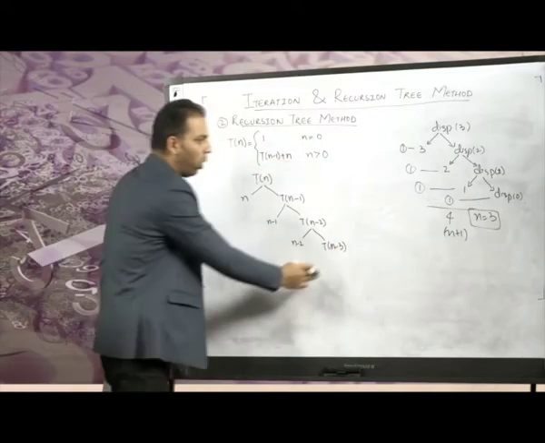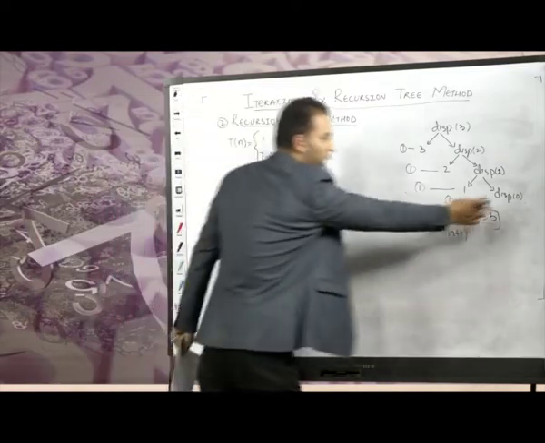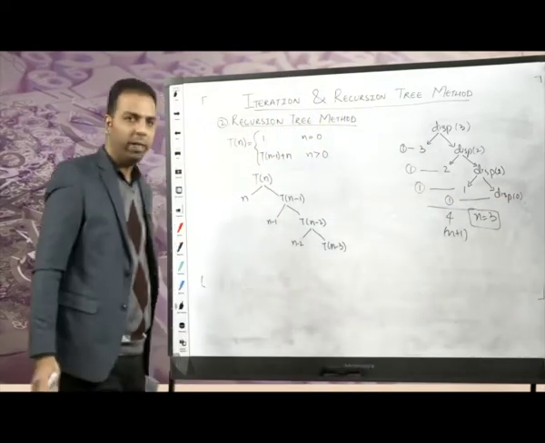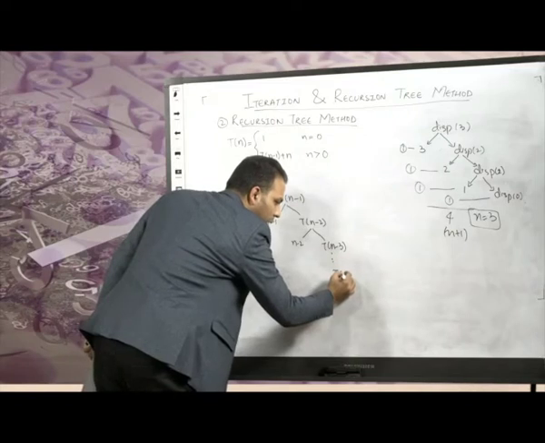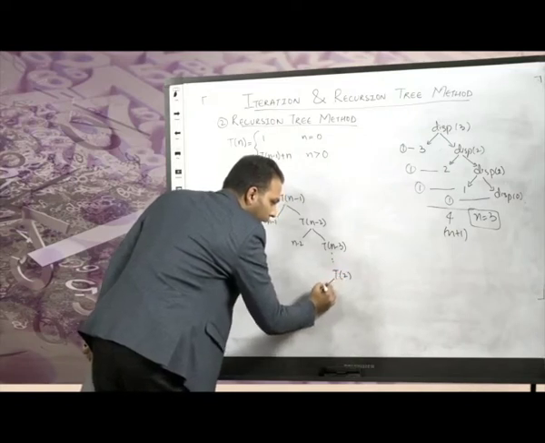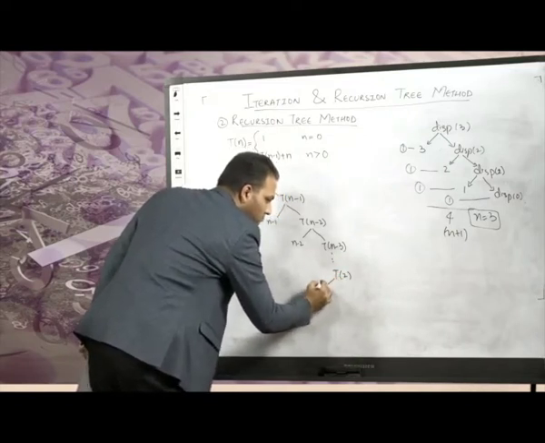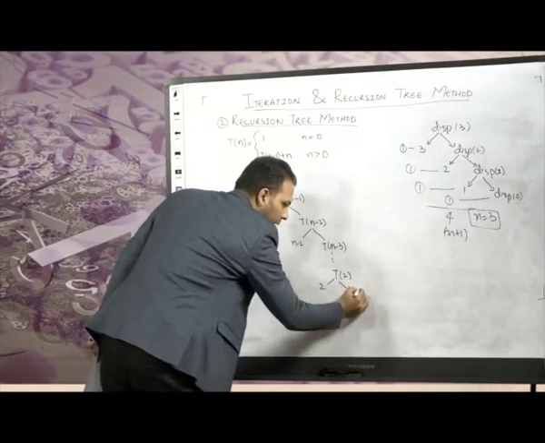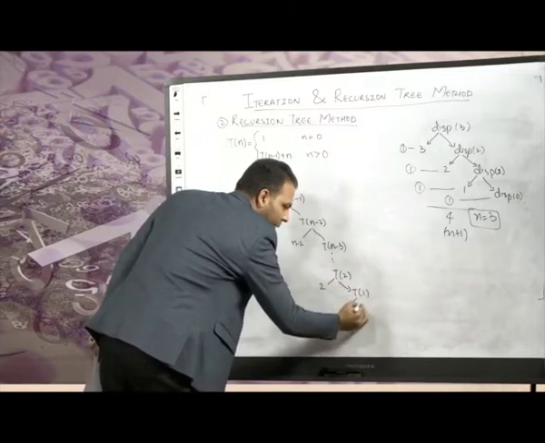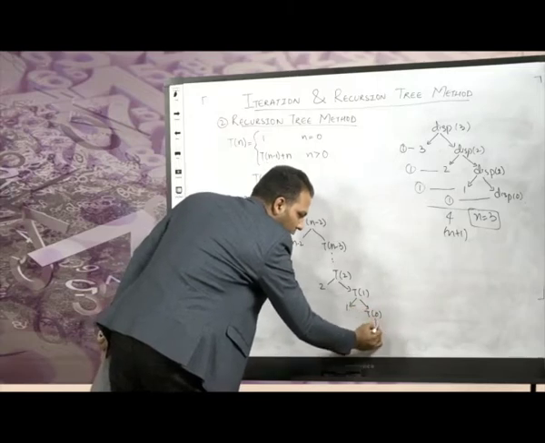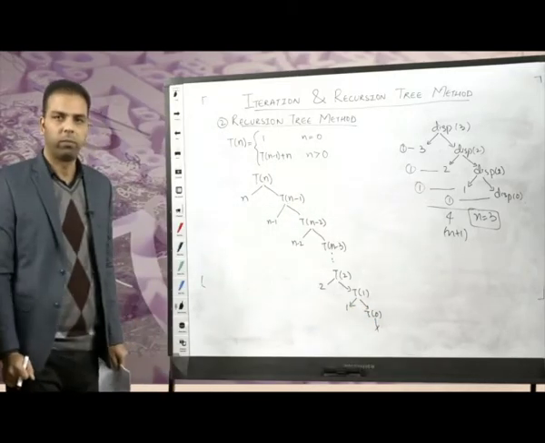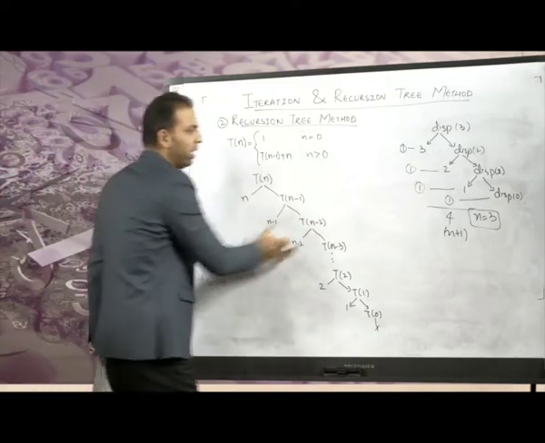So this will go on up to where? Up to 0. Fine. So it will go on till it becomes your T2. It will print 2 and it will call T1, and finally T1 will print 1 and it will call T0, and T0 will do nothing.